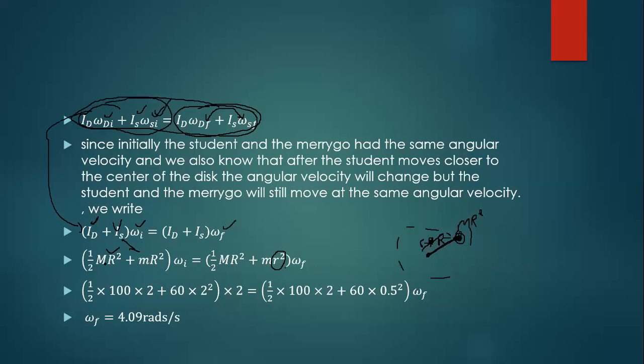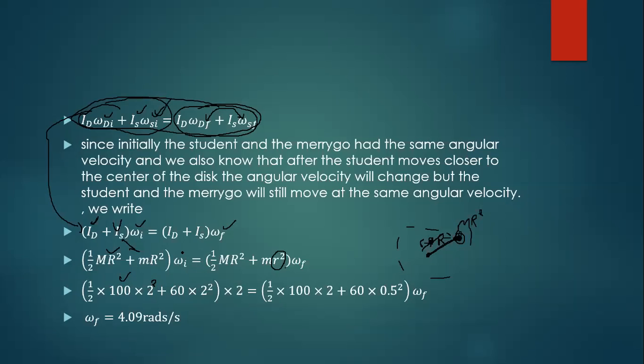So when replacing the values, we know 1/2, we know the mass of the disk, we know the radius of the disk. Of course, I should have squared this one because the radius of the disk is 2 squared. Plus, we know the mass of the student, 0.2, times the radius squared.